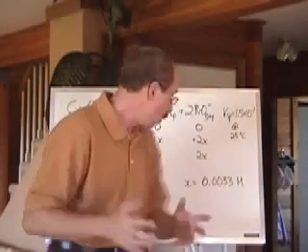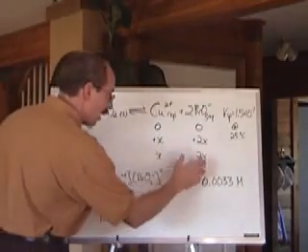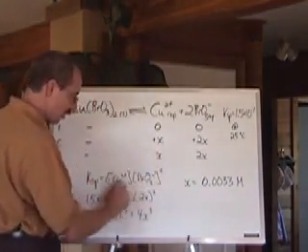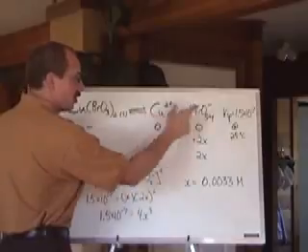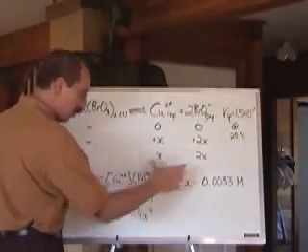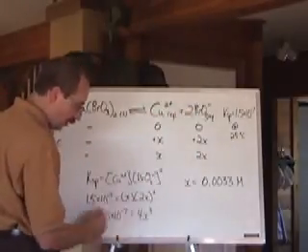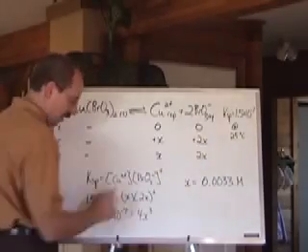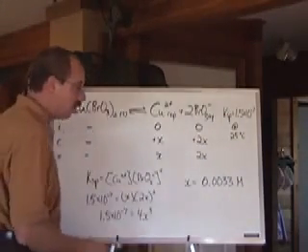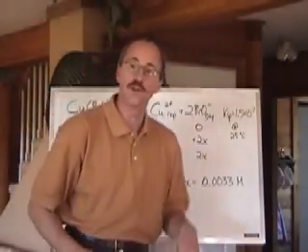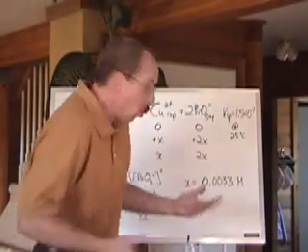So if we take those and put them into the expression, and remember, it's the concentration of this times this squared, we put those numbers in, with the Ksp going in here, and we'll be able to do the math and get X at 0.0033 moles per liter. What is that?